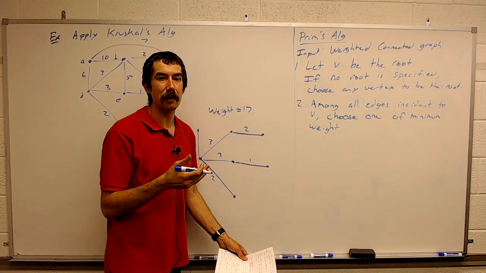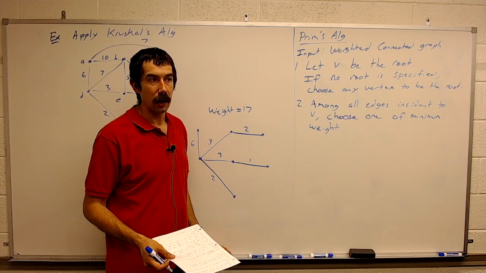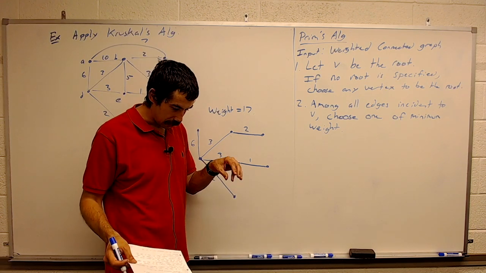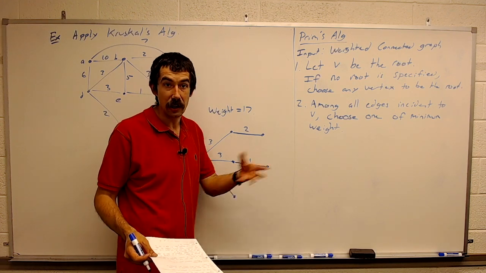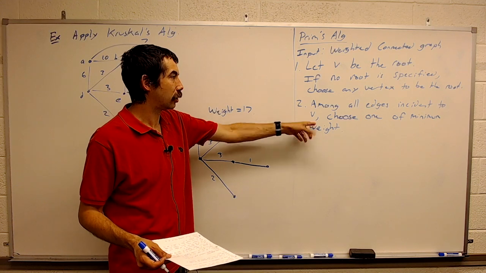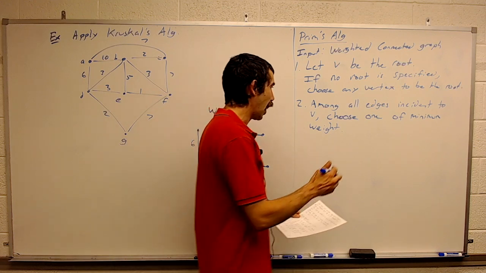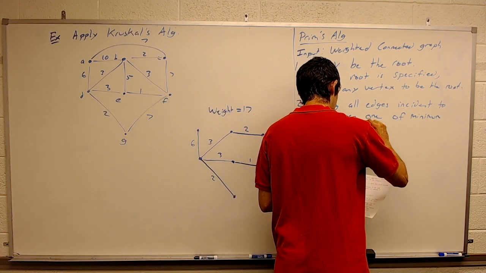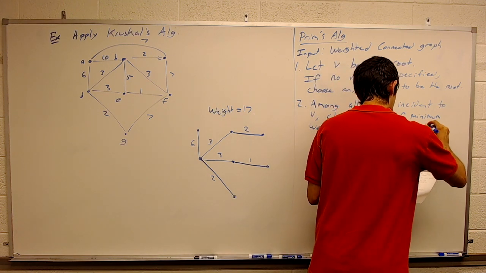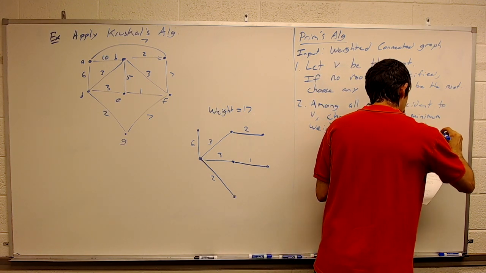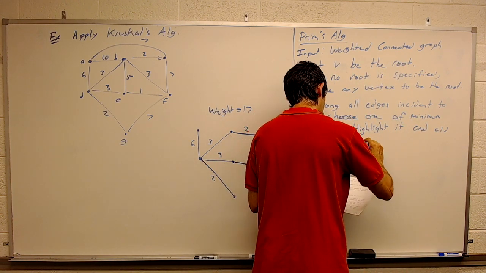All right, so this is very similar to when we were doing nearest neighbor algorithm for Hamiltonian cycles, right? We were basically finding the edge out of our vertex that had the least weight, our nearest neighbor, okay? So same idea here. So out of all the edges out of our root, choose the one of minimum weight. We're going to highlight it, and add the edge to the tree.